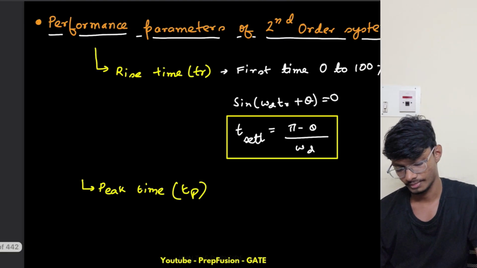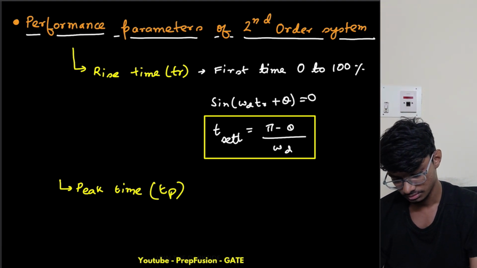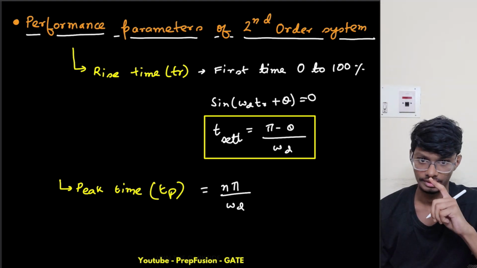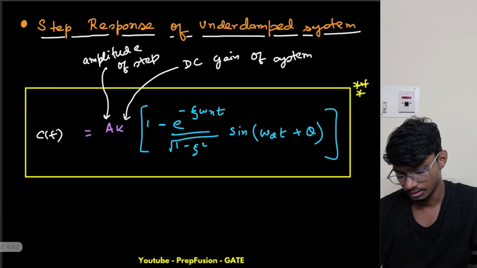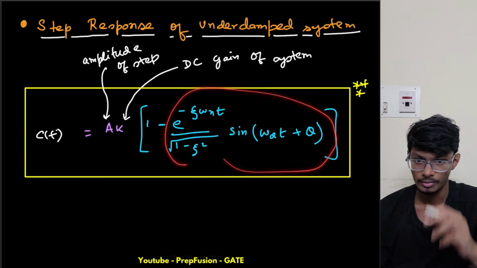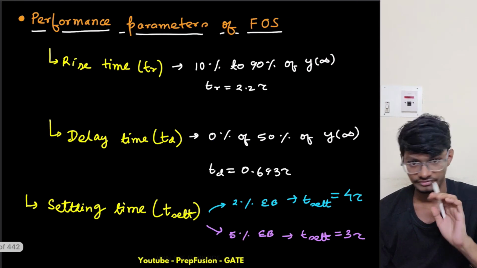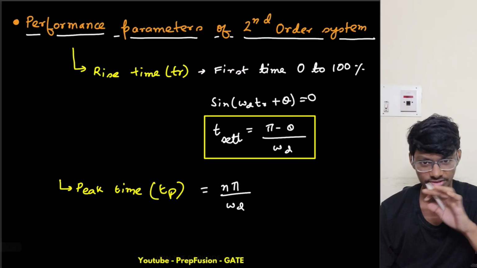So peak time Tp is equal to n pi by omega d. Because this function goes to maximum at that point of time, that's why it becomes n pi by omega d. We differentiated and from there we found it out. This was not just any intuition, we just found it out.